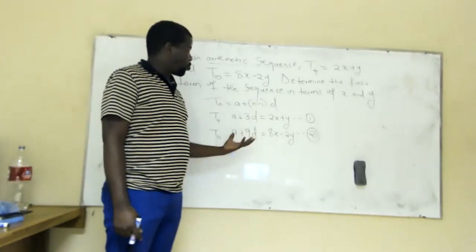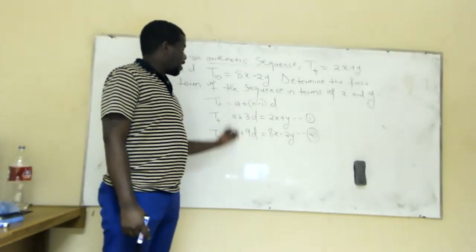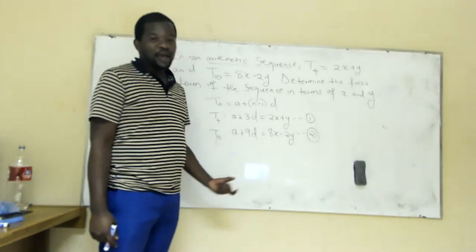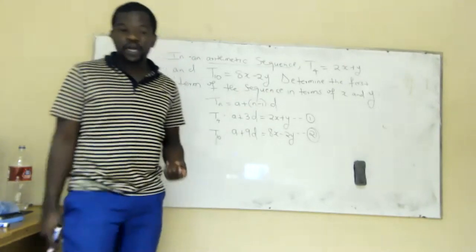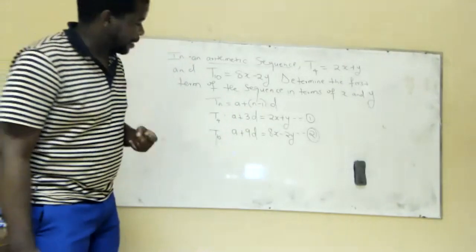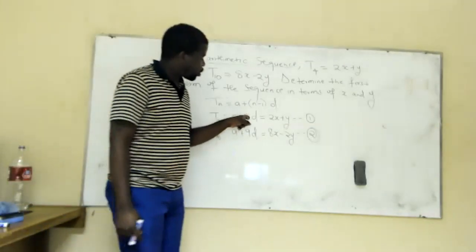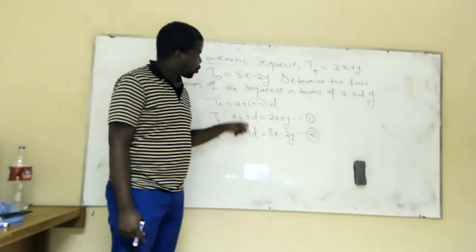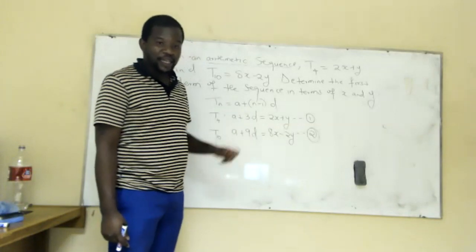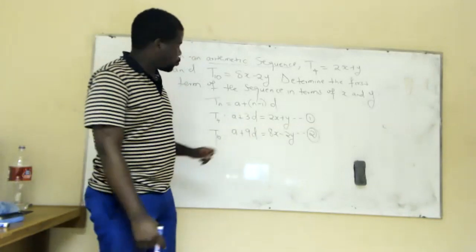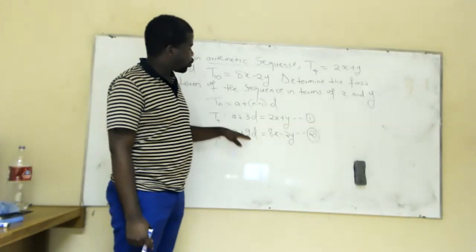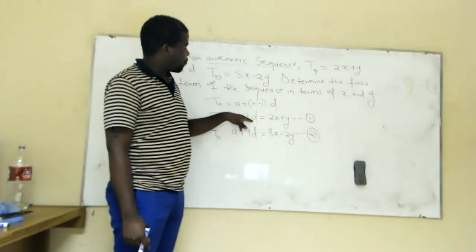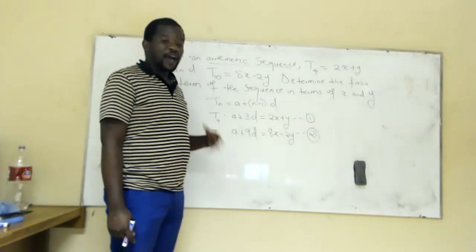Because if you don't want to eliminate the a, you can eliminate the d. But what do you do if you want to eliminate the d? You first have to make sure that the coefficients of d are the same. Can any one of you tell me how we are going to make sure that the coefficient of d here and the d there are the same?